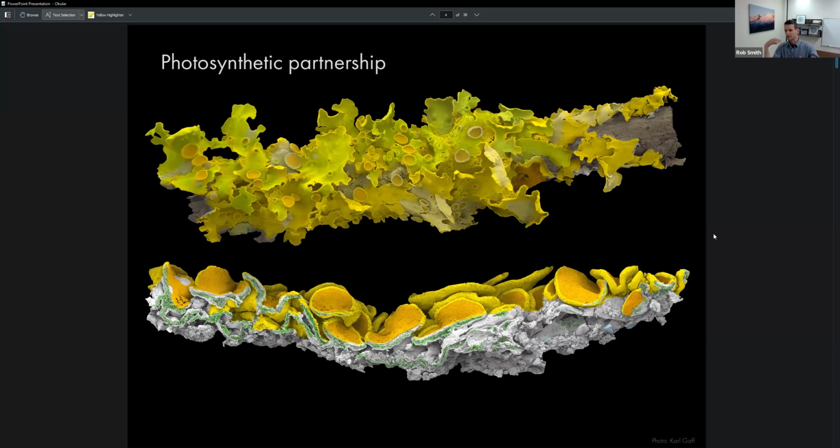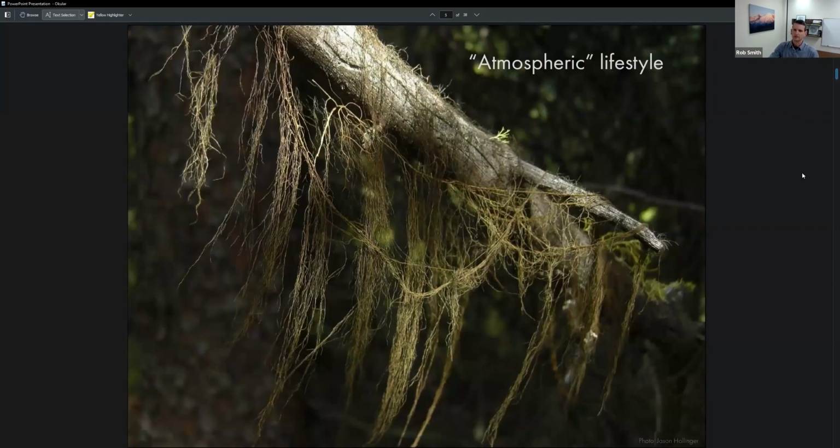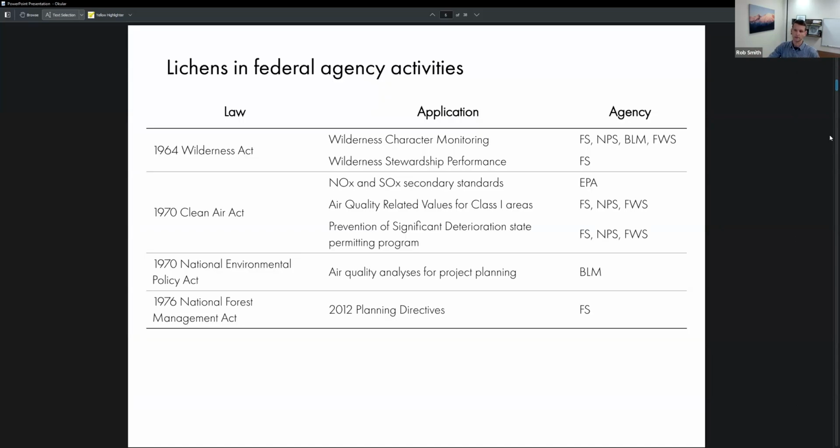So we have a little bit of plant characteristic and a little bit of fungal characteristic. That's important to the basic biology because they have an atmospheric lifestyle. They're basically depending on any nutrition or any moisture that comes from the air exclusively. So we're decoupled from soil processes. Those are desirable characteristics for biomonitoring atmospheric conditions.